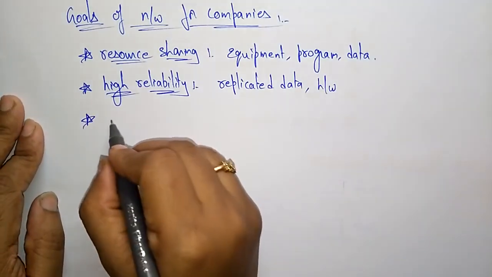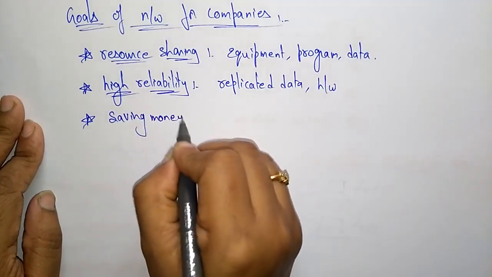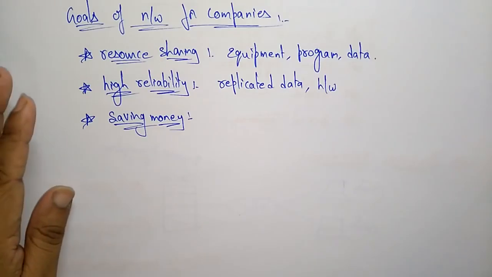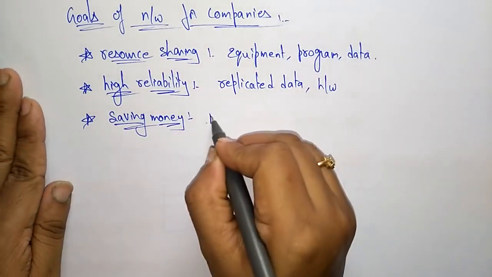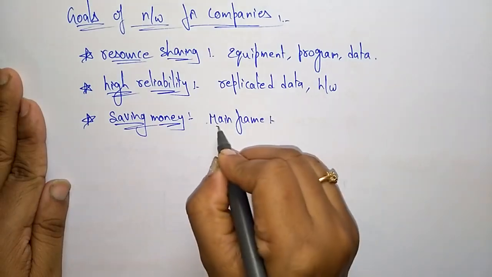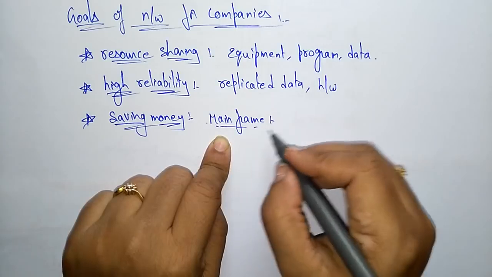Next, saving money. In business applications, how are networks useful for saving money? Suppose you take the mainframe.